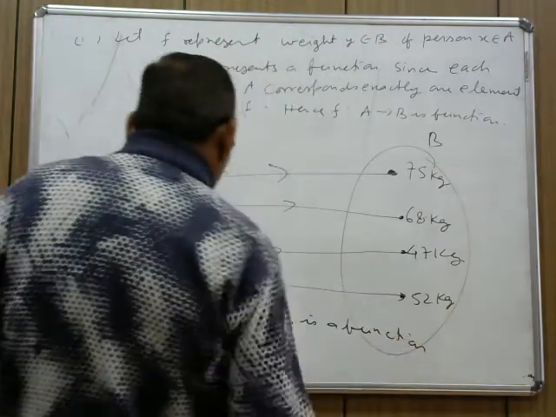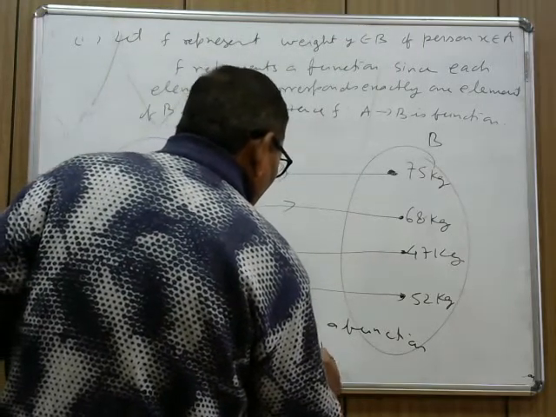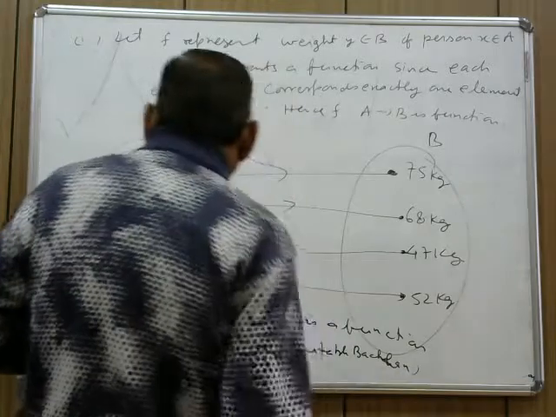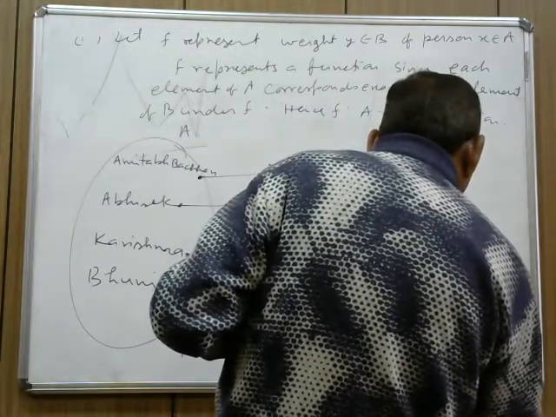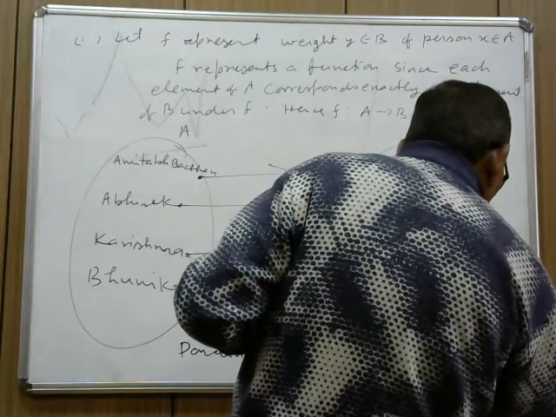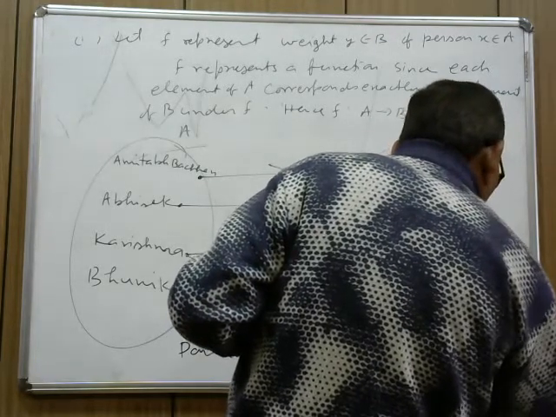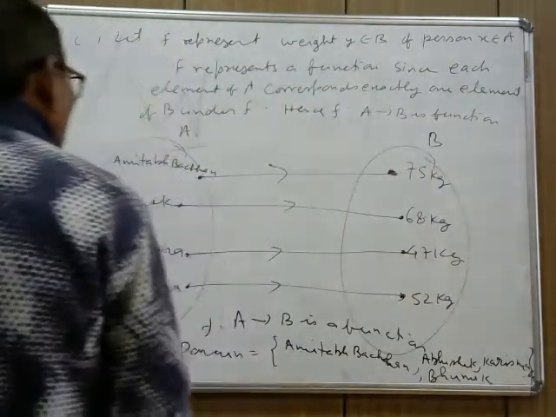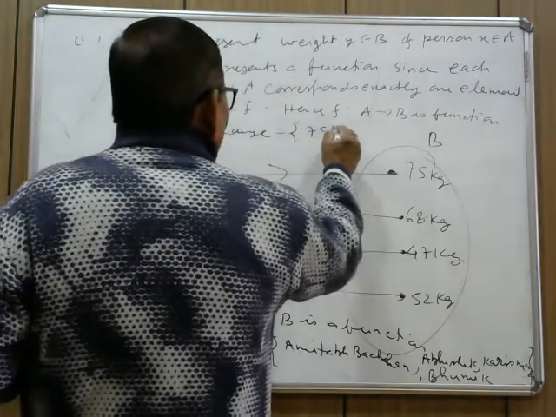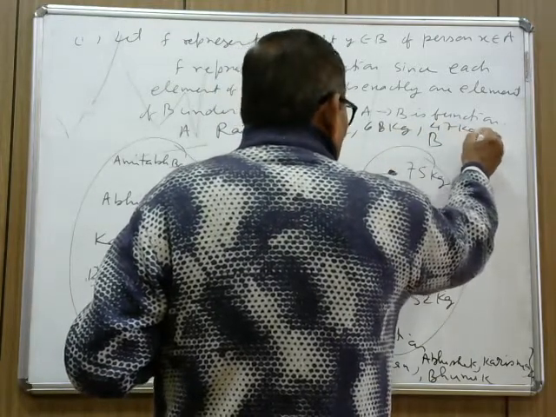This is a function. And the domain of this function is Amitabh Bachchan, Abhishek, Karishma and Bhumika. These are in the domain, and the range of this function is 75 kg, 68 kg, 47 kg and 52 kg.